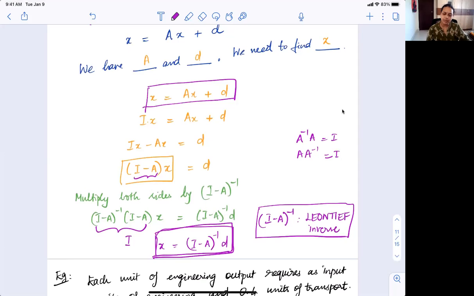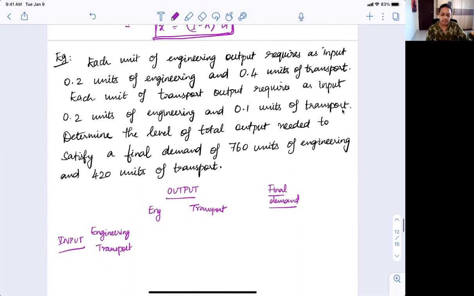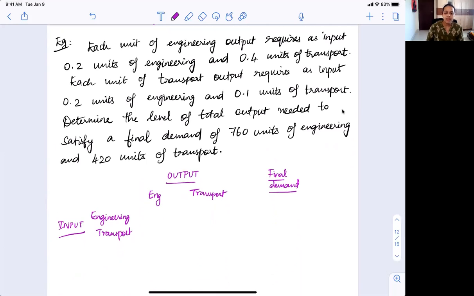Let's see an example of this. Okay, so this is a nice big word problem. Each unit of engineering output requires as input 0.2 units of engineering, which means its own product, and 0.4 units of transport. Each unit of transport output requires as input 0.2 units of engineering and 0.1 units of transport.